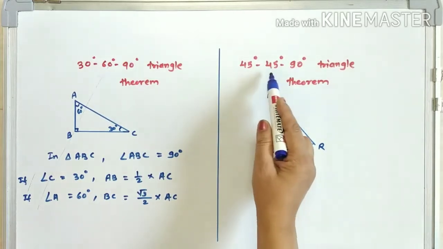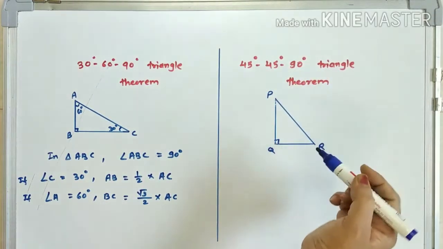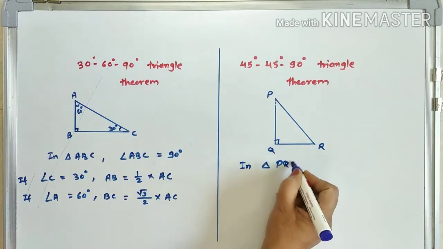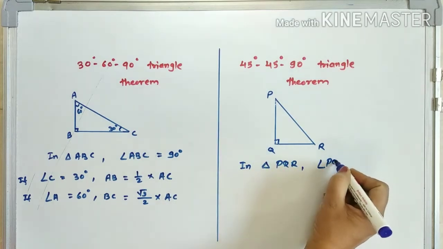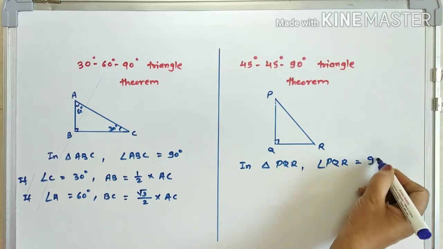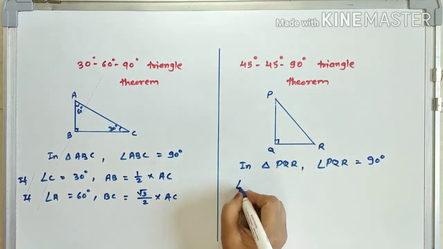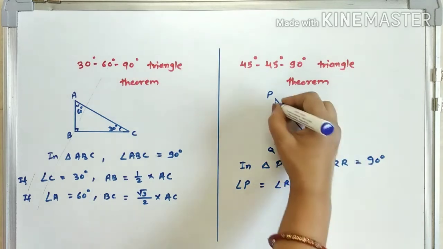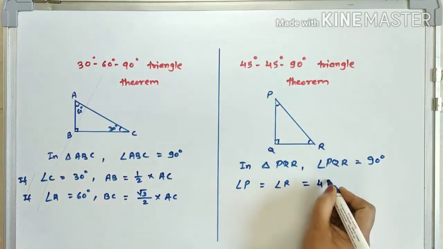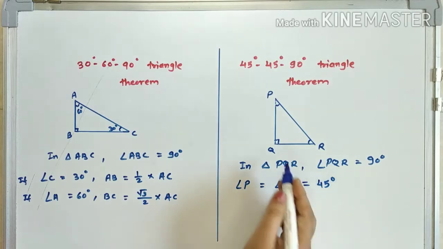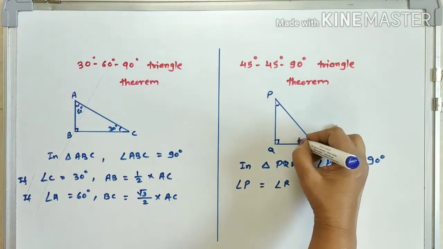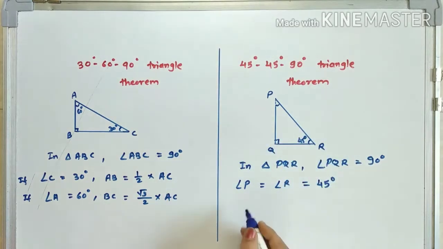Next is the 45-45-90 degree triangle theorem. In triangle PQR, angle PQR equals 90 degrees and angle P and angle R equal 45 degrees. Therefore, the sides opposite to both these 45 degree angles are equal.